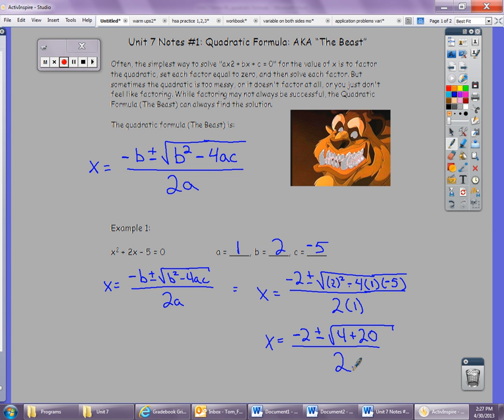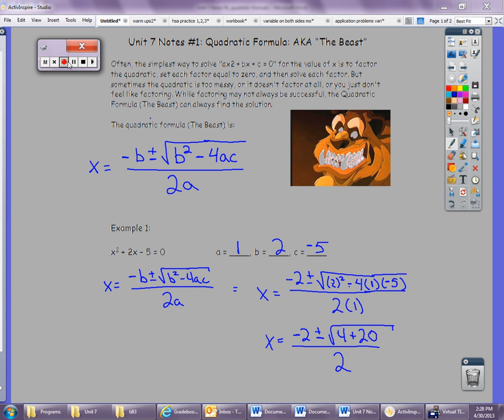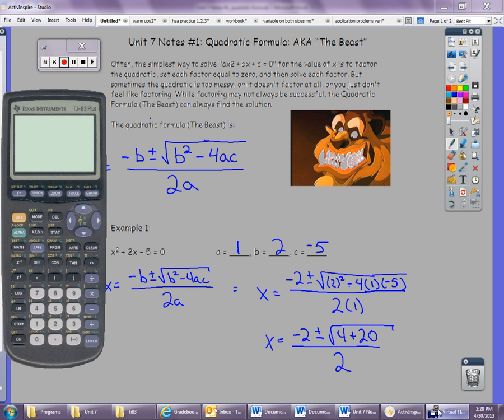And now we can put this all right in the calculator also. I can just type all of this into the calculator: 2 squared minus 4 times 1 times negative 5. It's going to be 24.